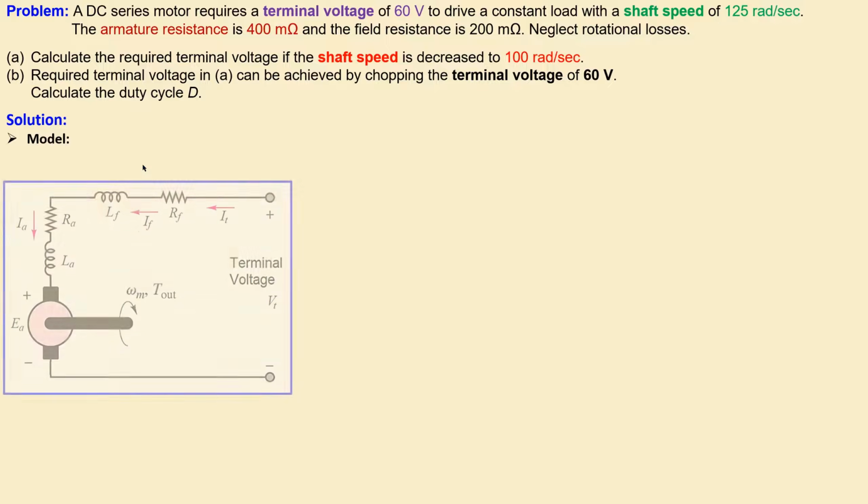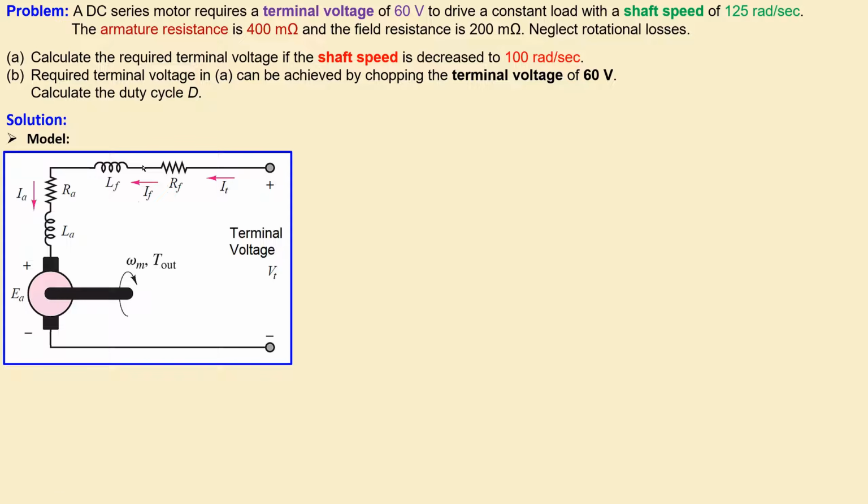Again, we start with a model of our DC series motor. This is our model, the terminal voltage again. We have the field winding part with the field resistor and the field inductor, the armature resistor and the armature inductor, and our back EMF.